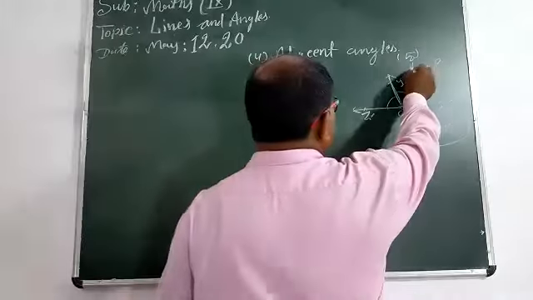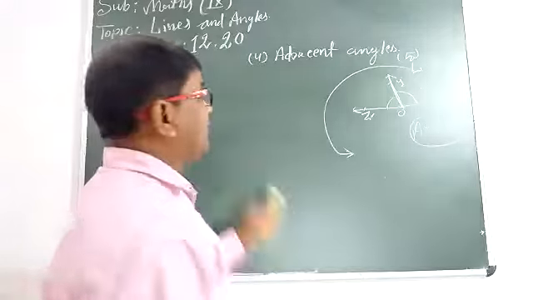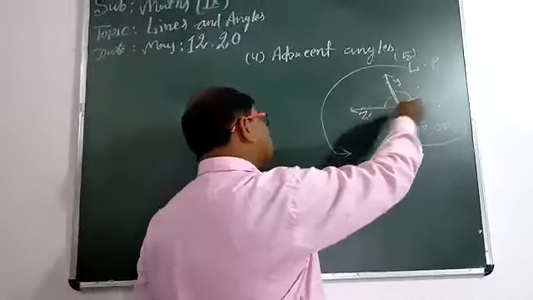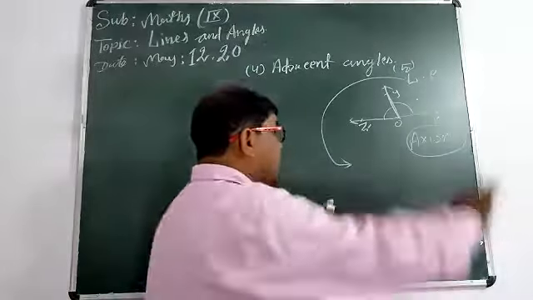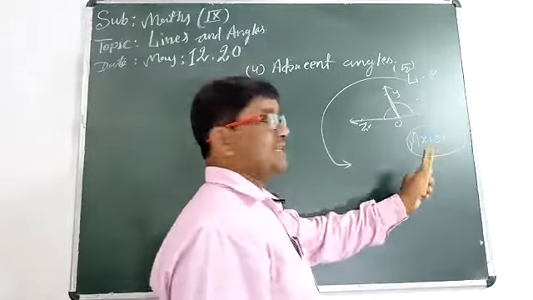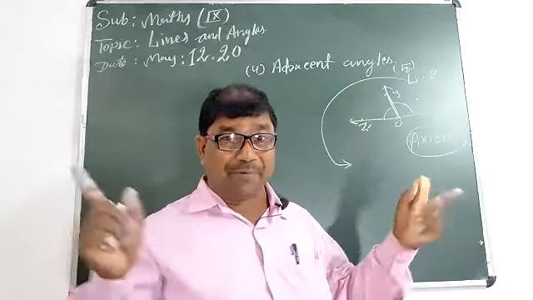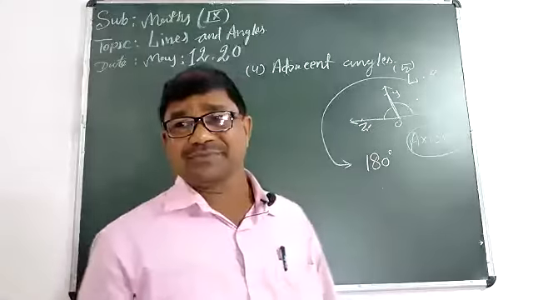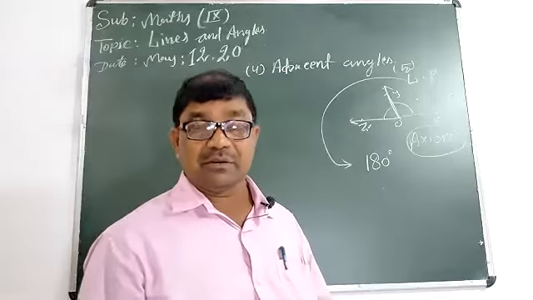Now student, this LP is taken by us from adjacent angle, because this pair is also adjacent, but it has a special name given by Euclid. Linear pair axiom: if the sum of two adjacent angles is exactly 180 degree, they are called a linear pair, LP.